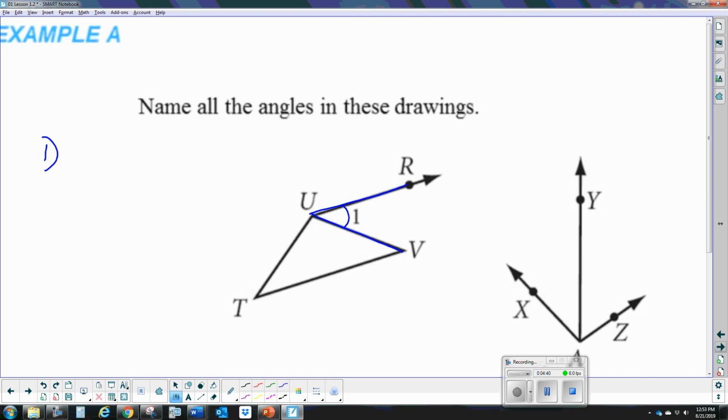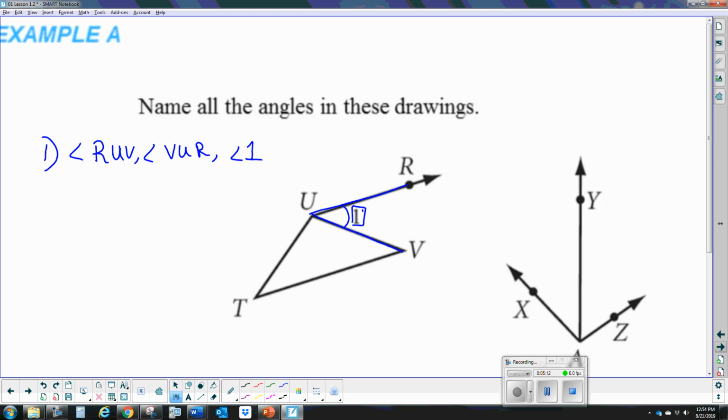So a segment can also be a side of an angle. So this angle I can name angle RUV. I could name it angle VUR. I could name it angle 1, because there is a number inside of that angle. That's a label.